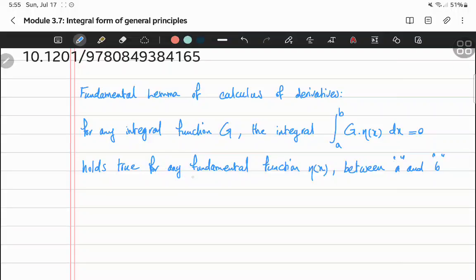So if it's going to be true for any function eta(x), then g should be equal to 0 in the range of a and b.